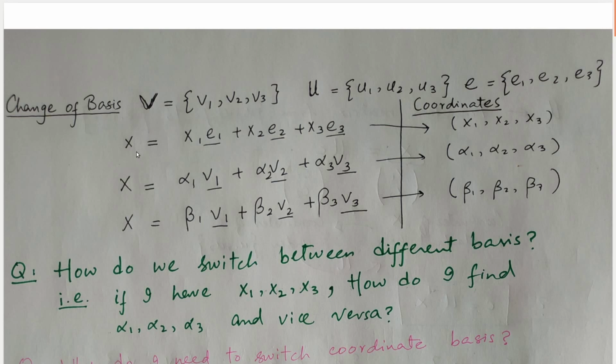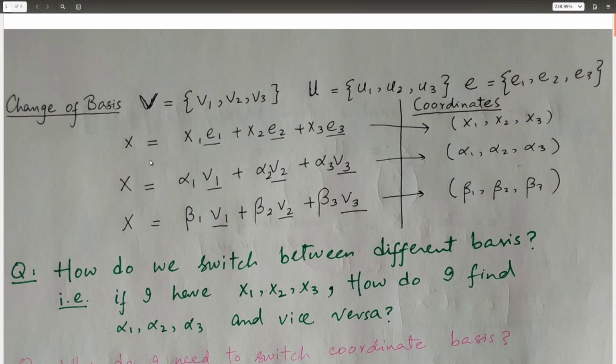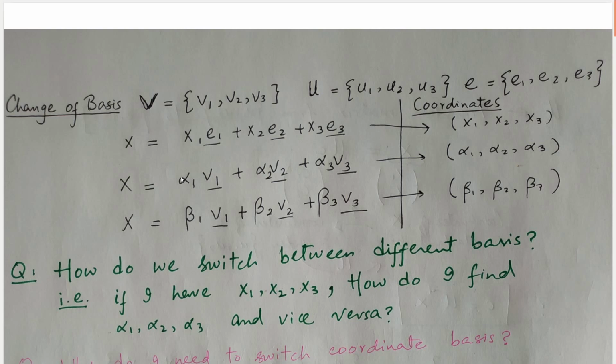If I take any vector x, I know that if V is a basis, then I can represent x as a linear combination of the vectors in V, or the vectors in U, or the vectors in E. So I can express x as a linear combination of E1, E2, and E3.